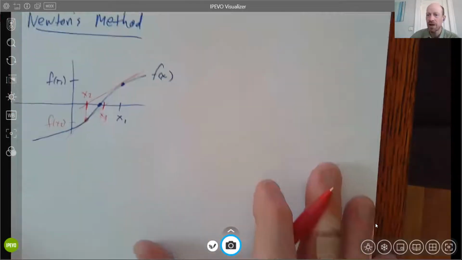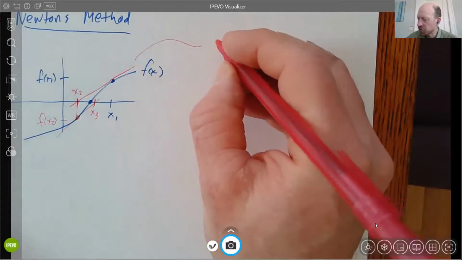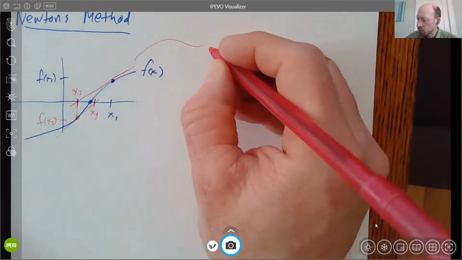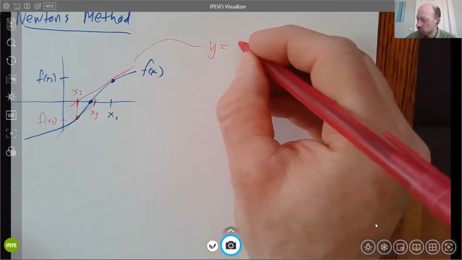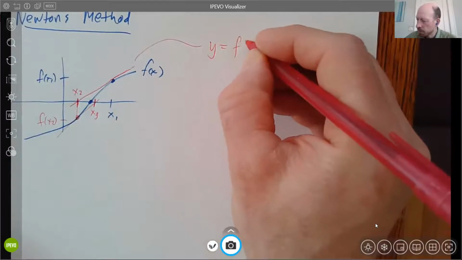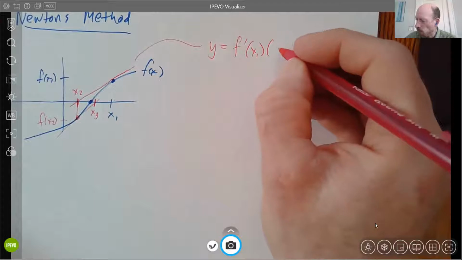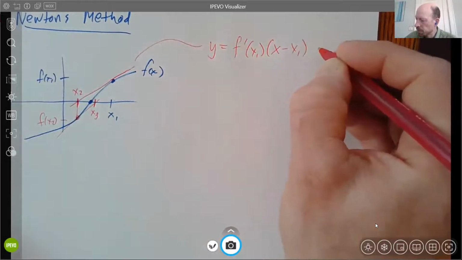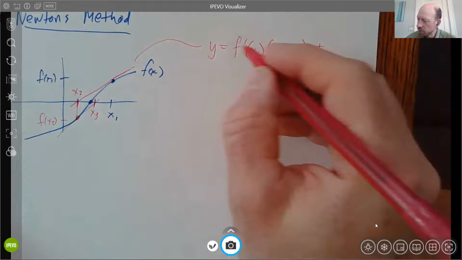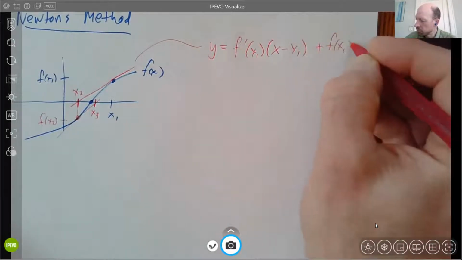Now, algebraically, how we do that is we look at the equation of this tangent line. Let's call it y equals the slope, so that's f prime of x1, times x minus x1. You'd often have this on the other side, but we put it over here.